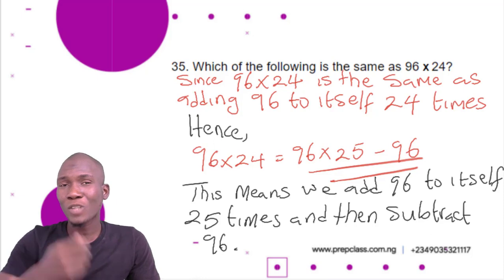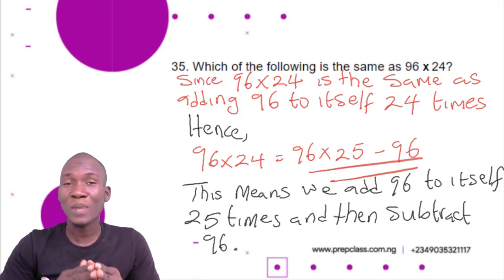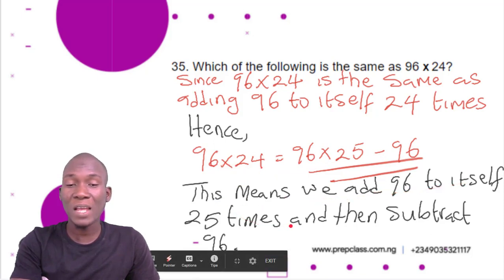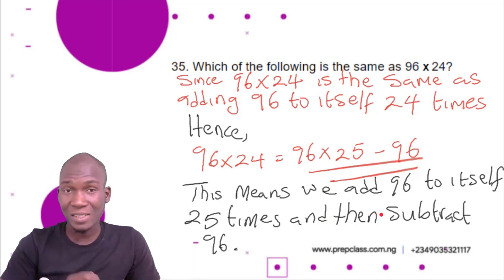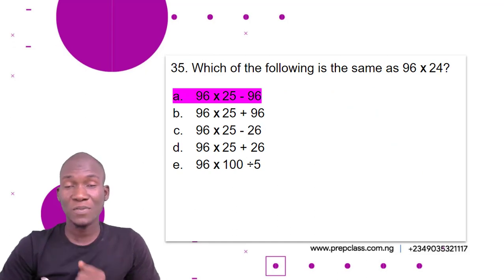When we now subtract one of the 96, we get 96 multiplied by 24. So 96 times 25 minus 96 is the same as 96 times 24. We add 96 to itself 25 times and then subtract 96. Therefore, the correct option is option A, 96 multiplied by 25 minus 96.